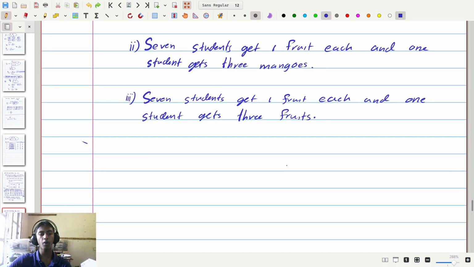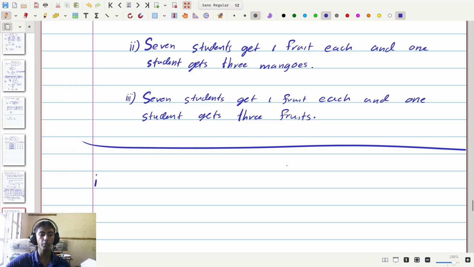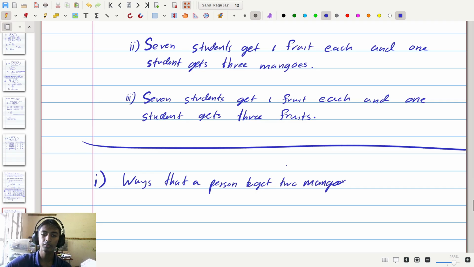So therefore, for answer number 1, what we're going to do is consider the different number of ways in which some guy could be selected to get the 2 mangoes. So we're going to write down here: ways that a person to get 2 mangoes can be selected.